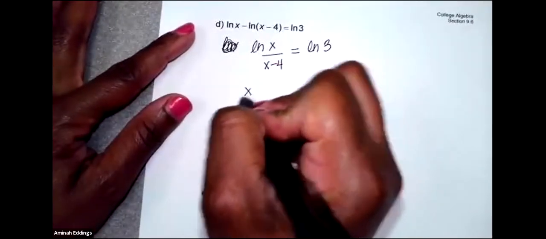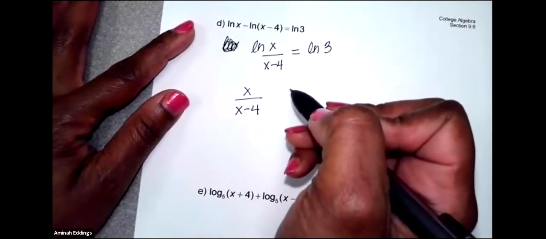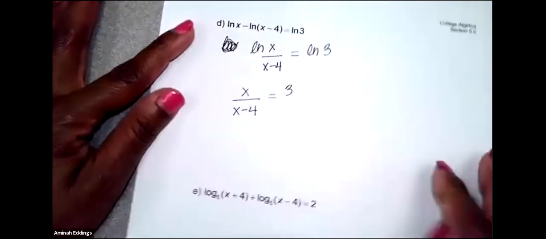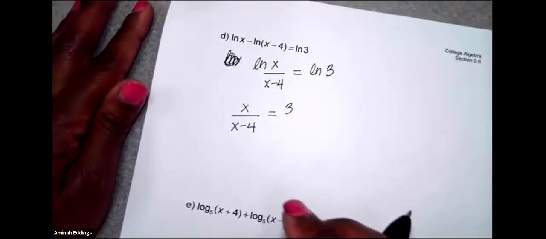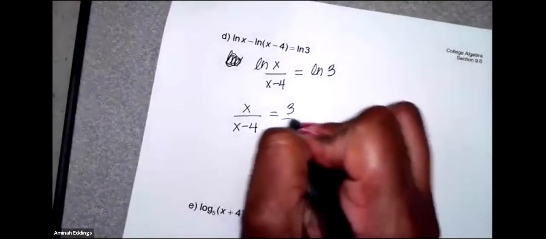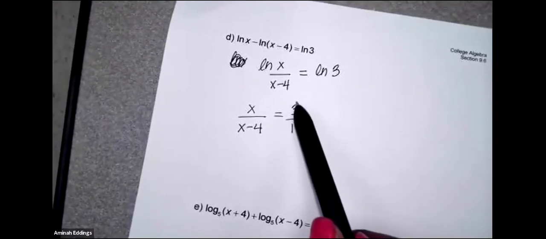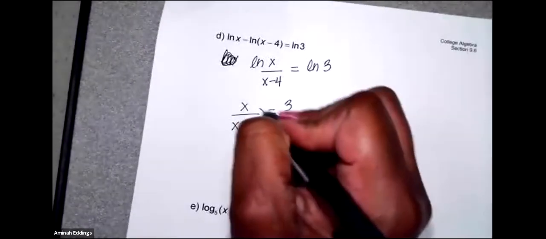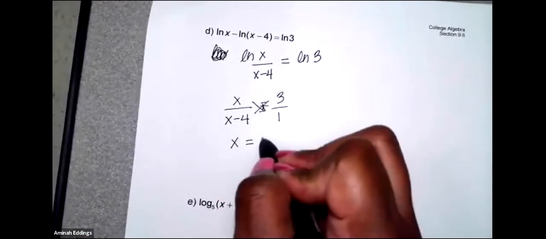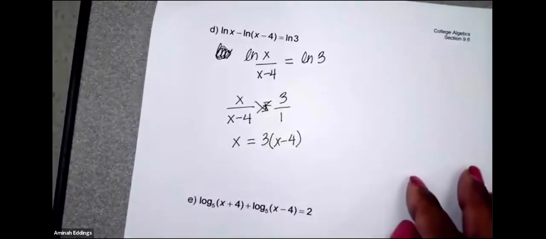So I simply drop my logs and I have x over x minus 4 is equal to 3. And then from here, I can simply cross multiply. I put a 1 on the bottom because that's the same as saying 3. And then I get x is equal to 3 times x minus 4.